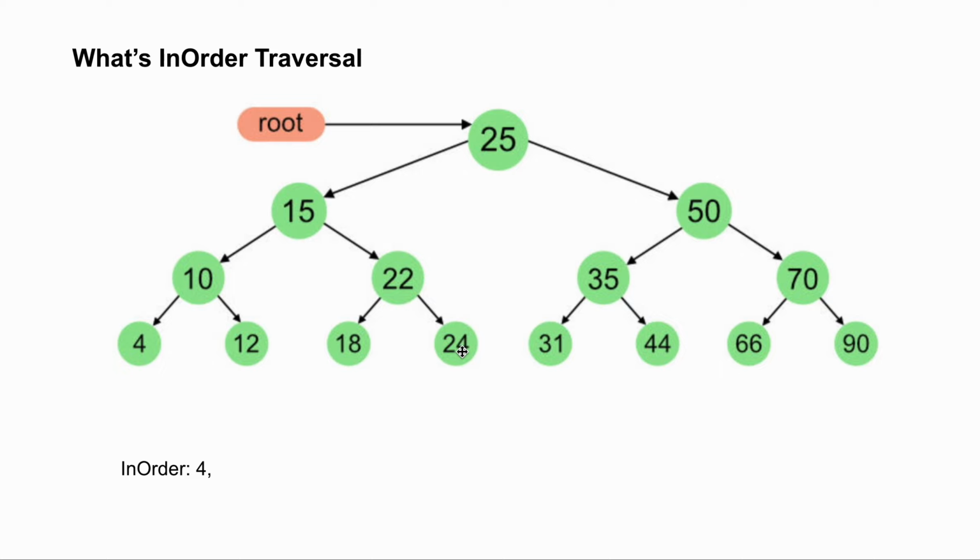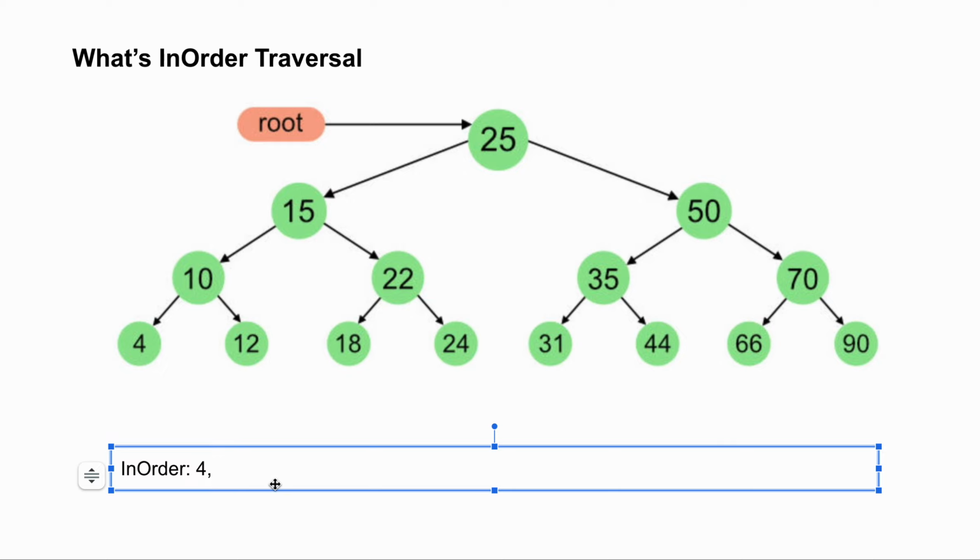No, right? Because if there is 26, it will be greater than this 25, which is not valid. Why? Because the entire left tree has to be lesser than the parent node and the entire right tree has to be greater than the parent node, not just the immediate children, but the entire left and right tree.